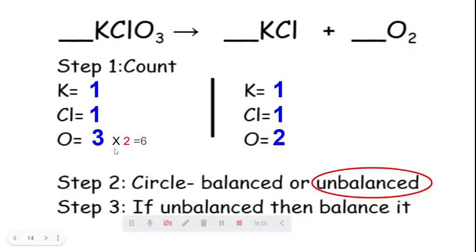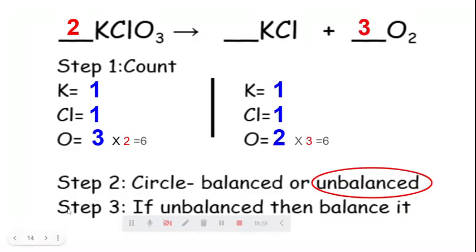So this number 2 is going to go to the front of my molecule. This is going to be 2. So I'm going to have 2 of them now. Over on this side, I'm going to times it by 3. So I have this side by 2 and this side by 3.